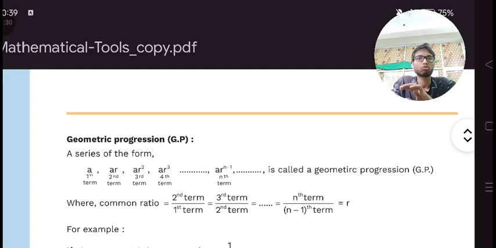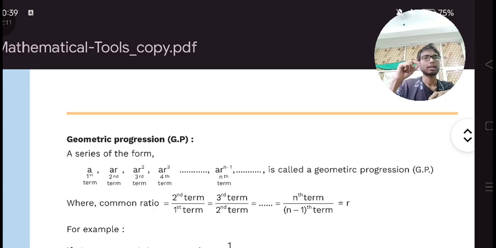A series of the form: this is a series A, then AR, then AR square, then AR cube, then AR 4. Some little bit concept from GP and AP you will see is also coming in the lecture of sets, because I was teaching the set chapter.